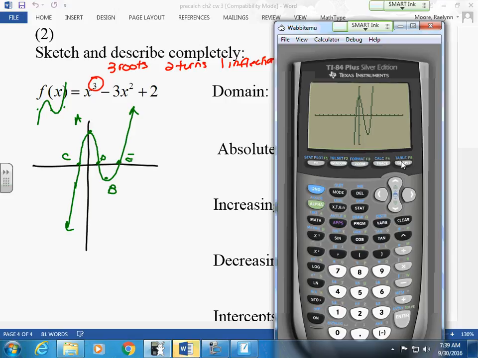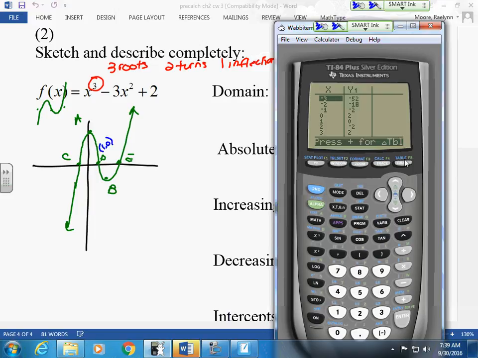Now go to your table and see if you can spot where your zeros are. Where I'm crossing the x-axis. So do you see 1 point, 1, 0.